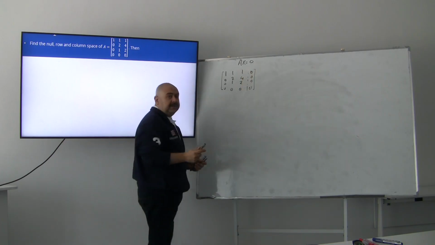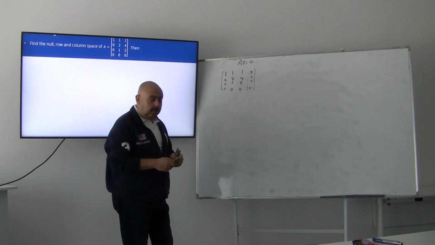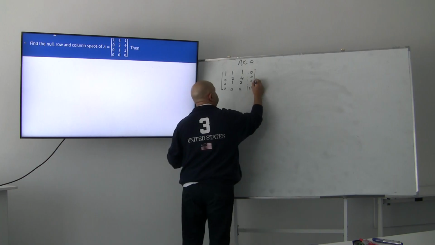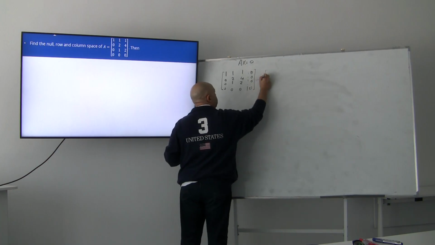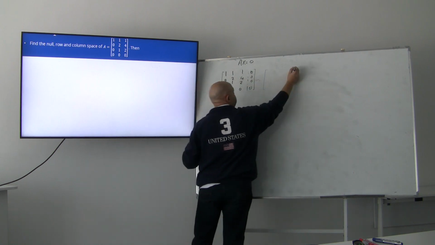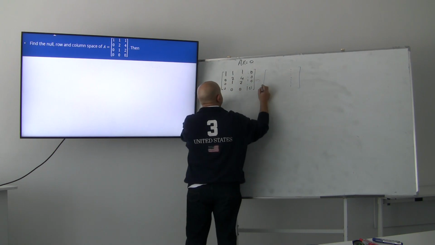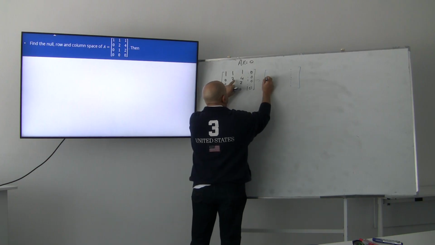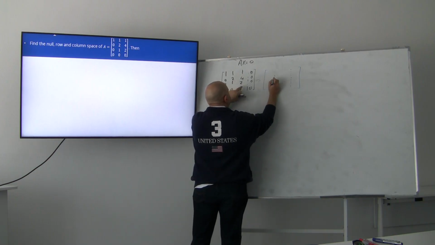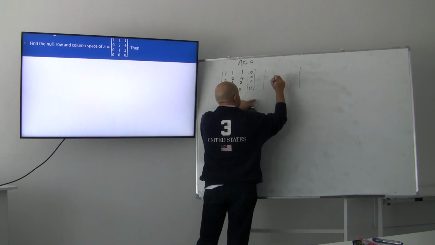I will try to get it as near as possible to an echelon form. So the first step I'm going to do is to multiply this row by -1 and add it to the second row. So I will have -1 plus 2, which equals 1, -2 plus 4, which equals 2, and 0.